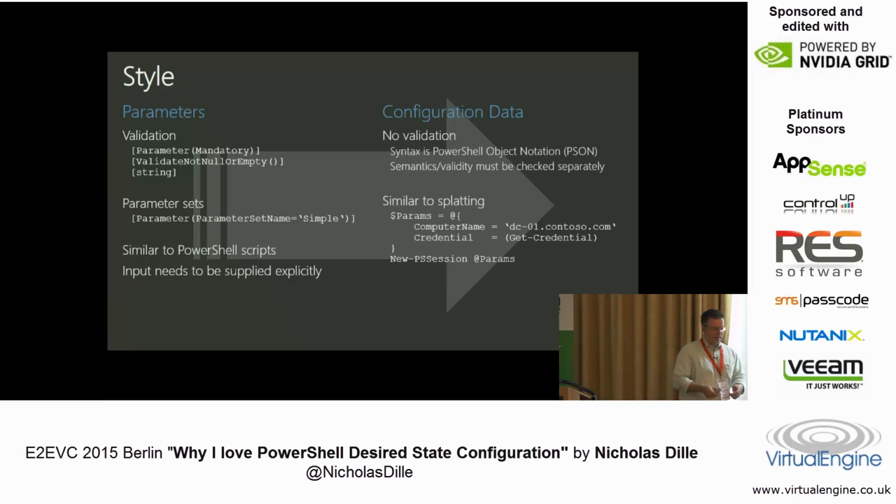So let's get on with this quickly so I can show you some code. Think of configuration data like splatting. Who knows splatting in PowerShell? Just like what I've shown you here. You want to call a PowerShell commandlet, and instead of passing individual parameters, you create a hash table. Every parameter is one key in the hash table, and the parameter value is passed as the value for the key.